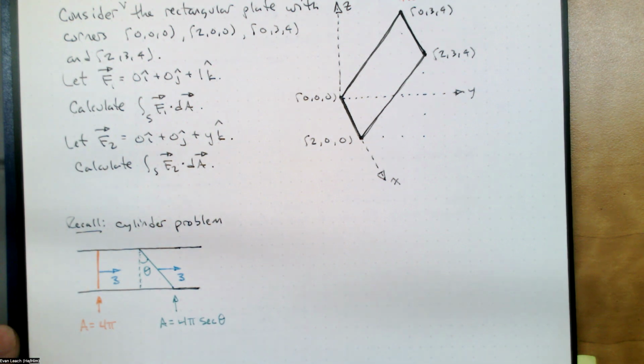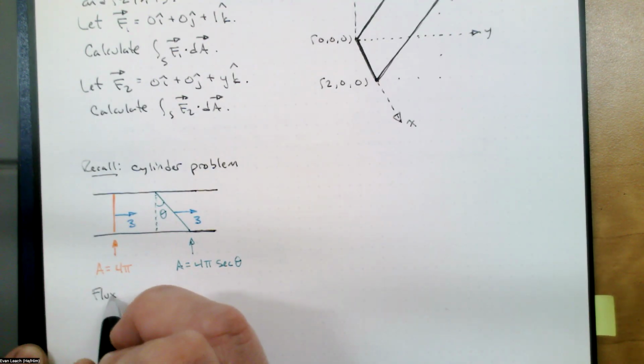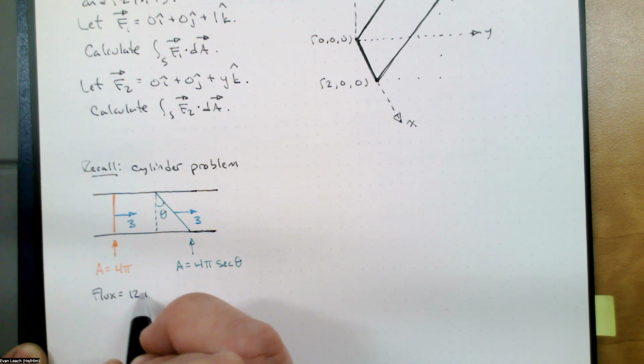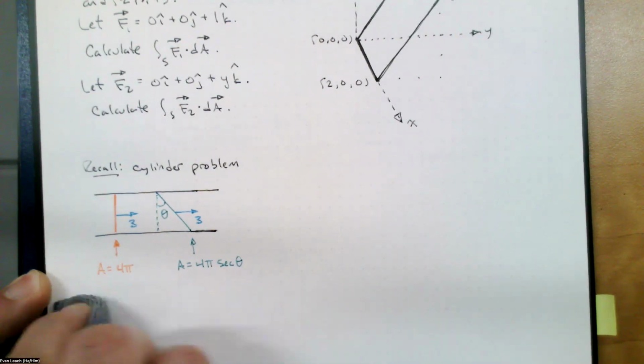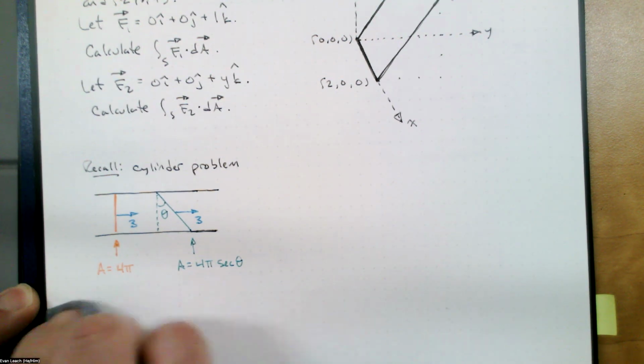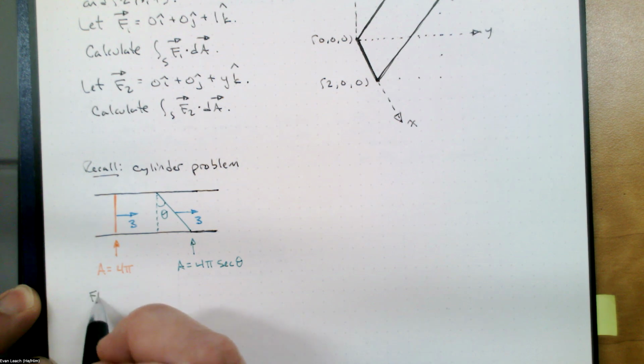So in this first calculation, we calculated the flux to be 12 pi cubic centimeters per second. So the flux is calculated through the cylinder.